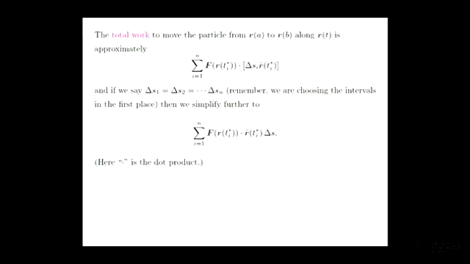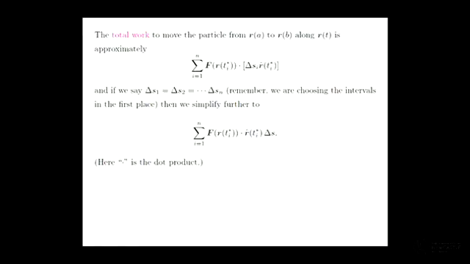So the total work to move the particle from r(a) to r(b) along r(t) is approximately the sum from i equals 1 to n of the vector given by the force field at the point t_i asterisk on our curve, dot product now, because these are two vectors, the next position, the linear approximation of the next point.